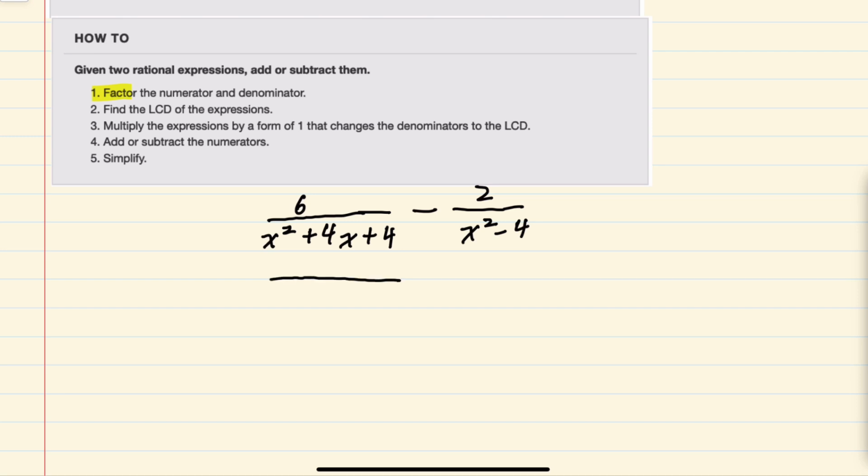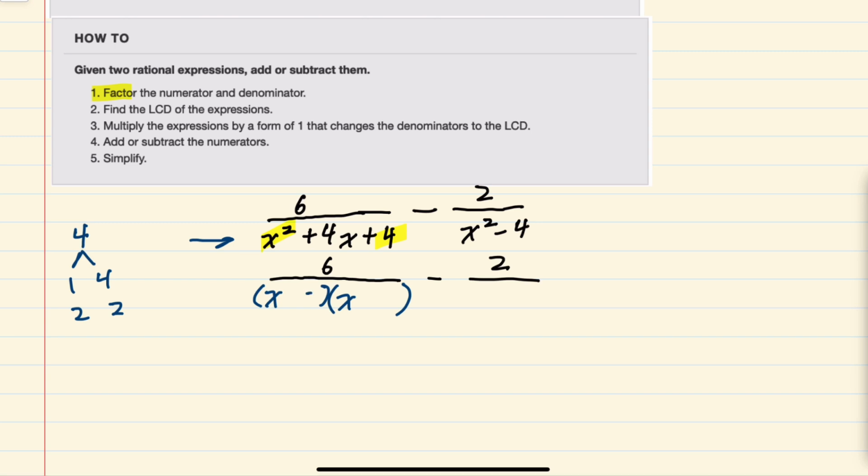In this example, the numerators are just numerical, but the denominators can be factored. So this first denominator I can factor through trial and error as x and x to give me x squared, and the factors of 4 are either 1 and 4 or 2 and 2.